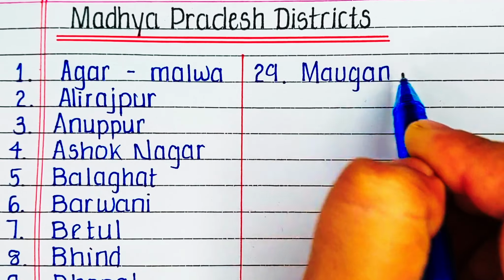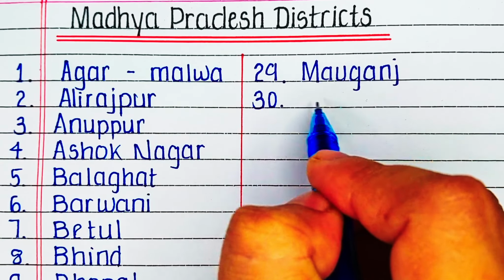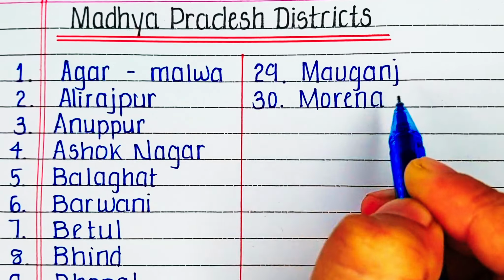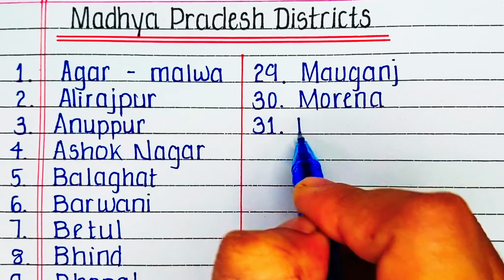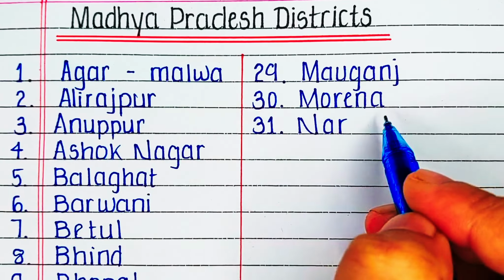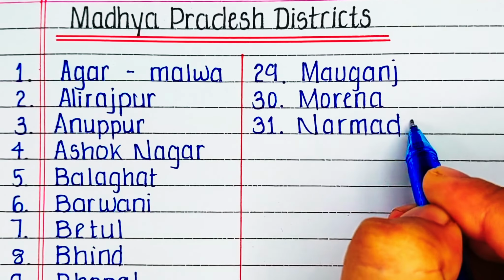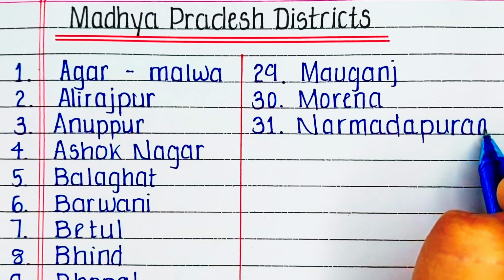Next is Mauganj. Next district in our list is Morena. Next is Narmadapuram.